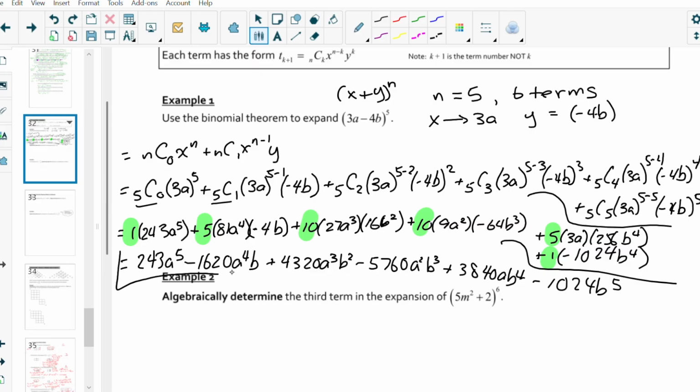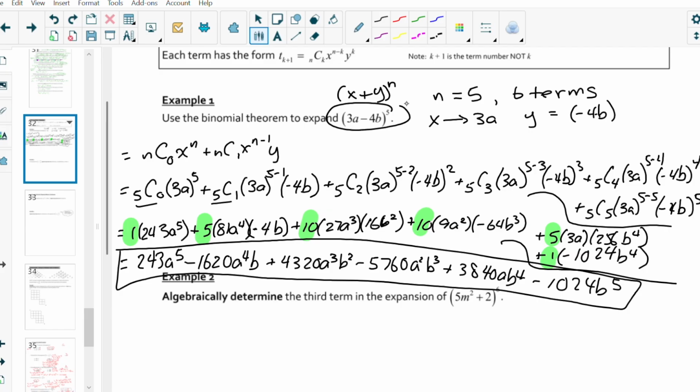Whew. So there is our expansion of 3a minus 4b to the 5th.